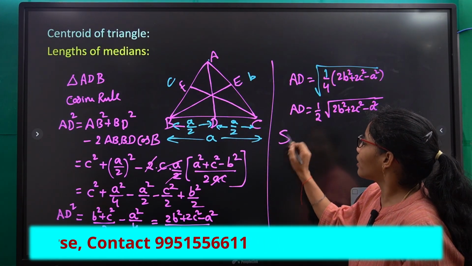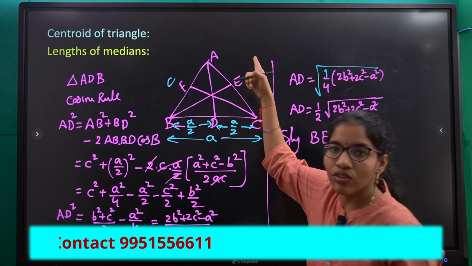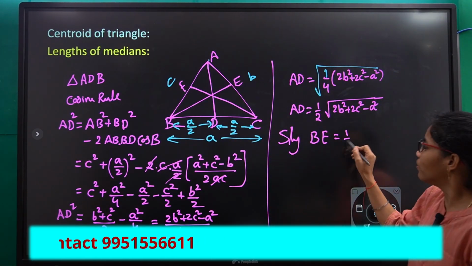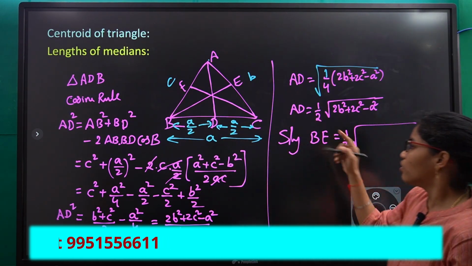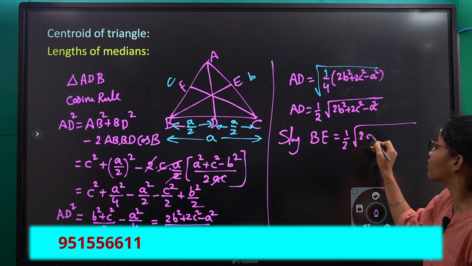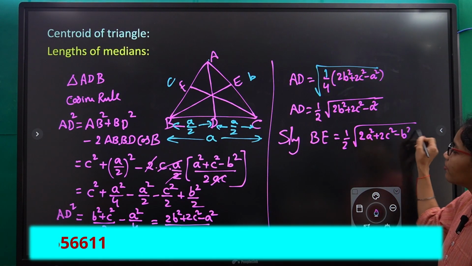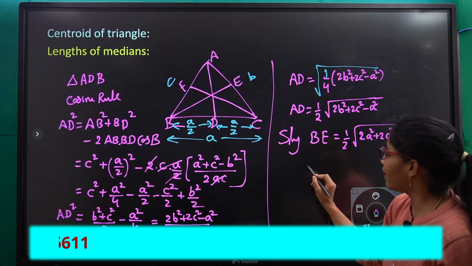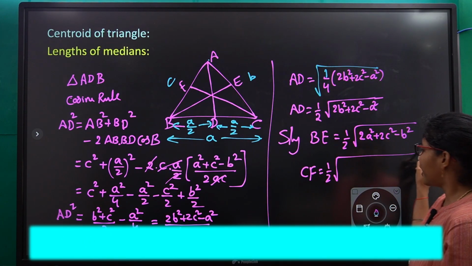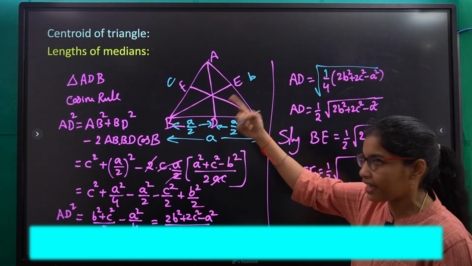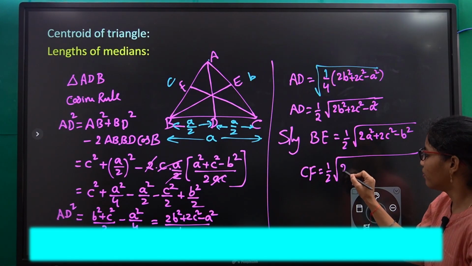And similarly, what can I write? BE. So further, half into square root of the adjacent's twice squares. So 2A square plus 2C square minus B square. Clear? So similarly you can write CF is half into square root of twice of the sides' squares, 2A square plus 2B square minus C square.